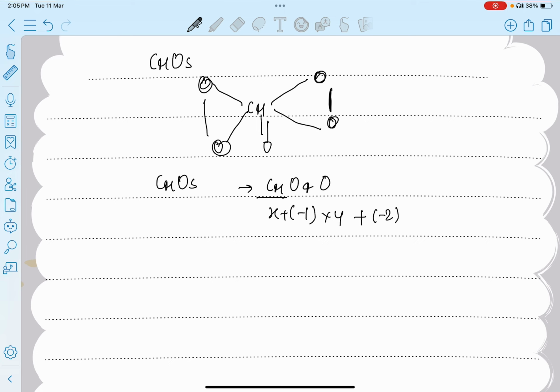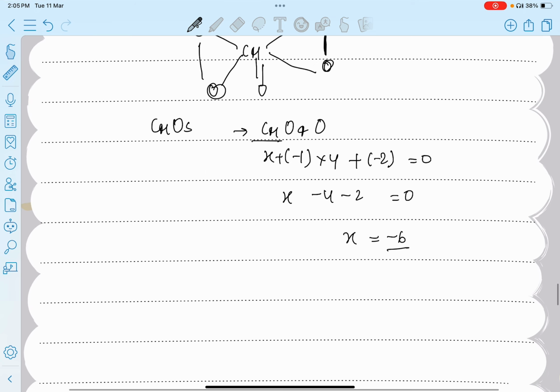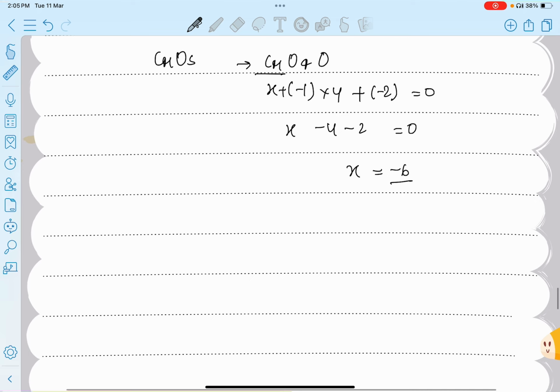Plus minus 2 is equal to 0. So x minus 4 minus 2 is equal to 0 and x is equal to plus 6. So the oxidation state of Cr in CrO5 is plus 6.